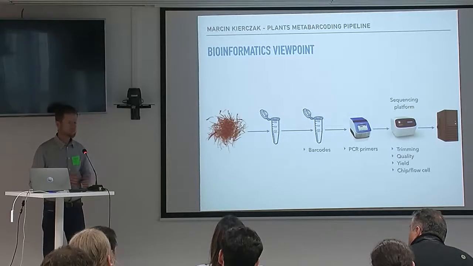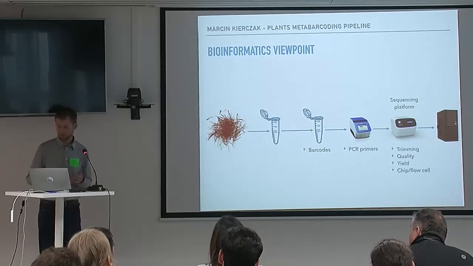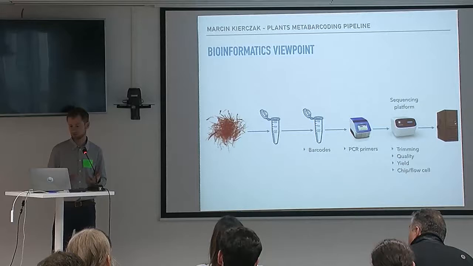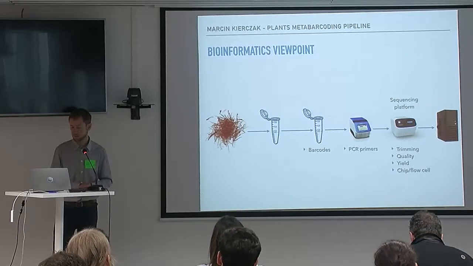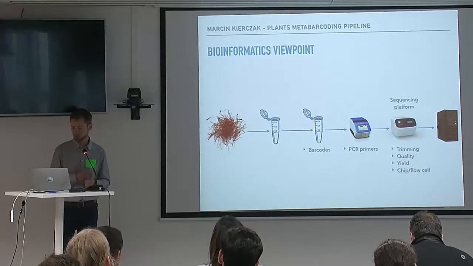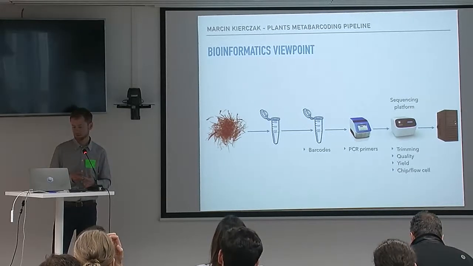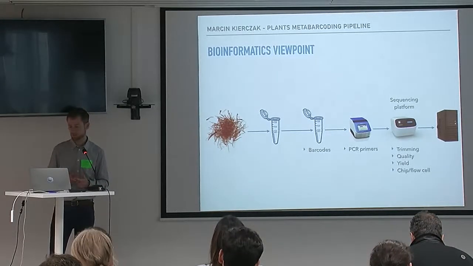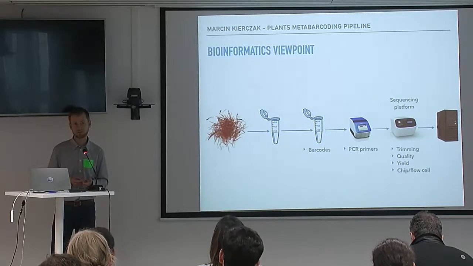Then we are using a very specific sequencing platform, and we need to know some features about it. We are concerned about how to trim our reads, what qualities we can expect, what the specific biases coming from a particular sequencing platform are, and what yield we can expect.